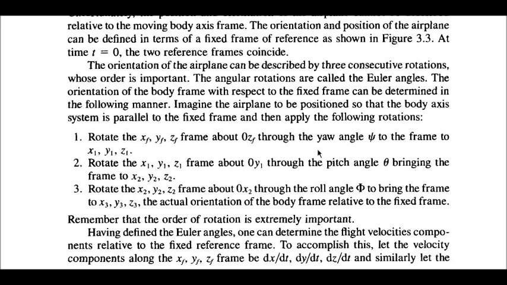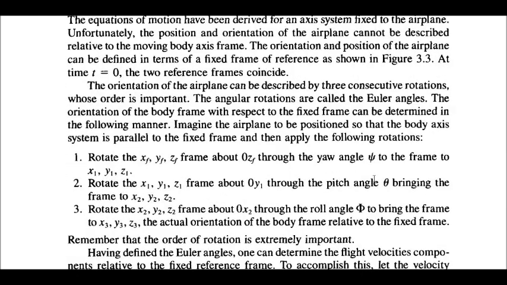So we have, for example, psi here, your yaw angle, theta, pitch angle, and phi for roll angle. Okay, so this is the problem, because we need to convert from Euler angles into the body axis rates.